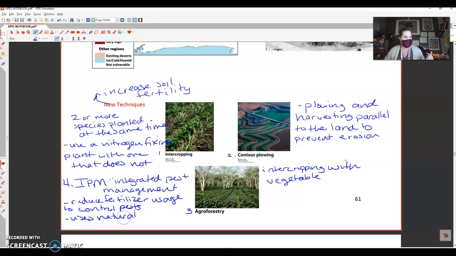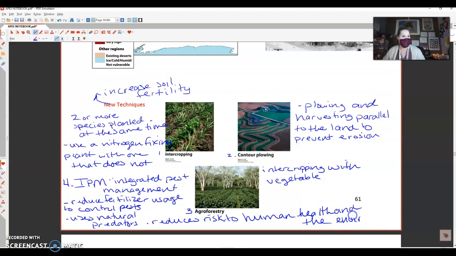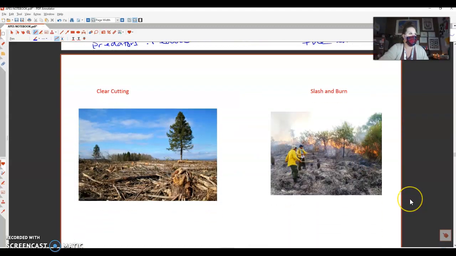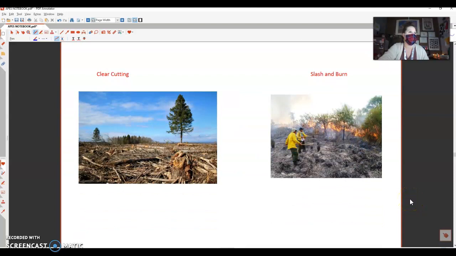So it uses natural predators, and it reduces risk to human health and environment. Okay.